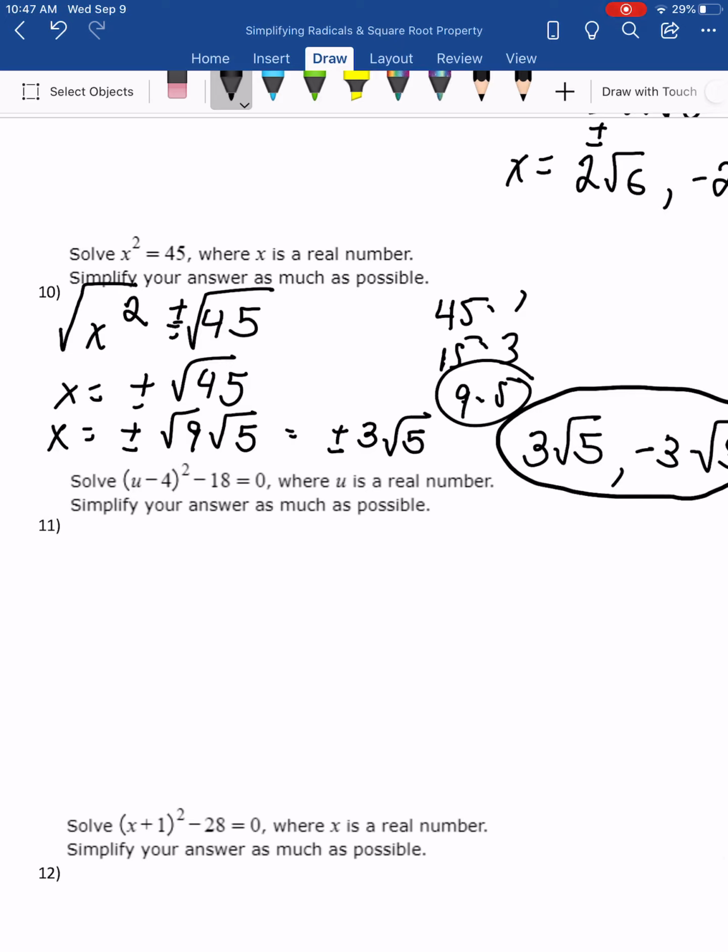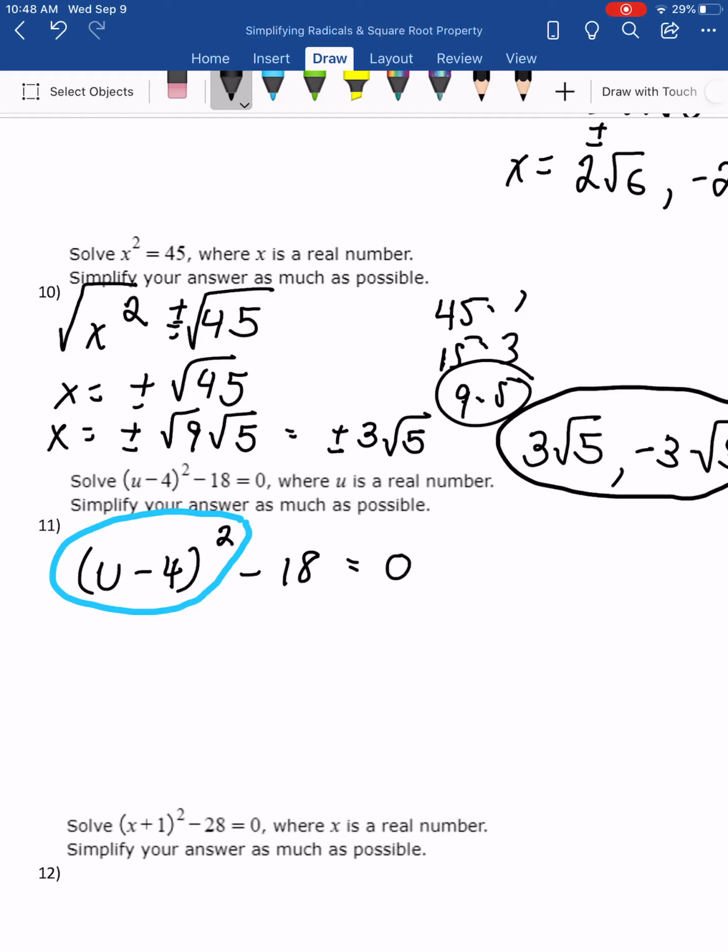All right, number 11, u minus 4 squared minus 18 equals 0. So the square here that we want to isolate is this, because this is what's being squared in the blue.